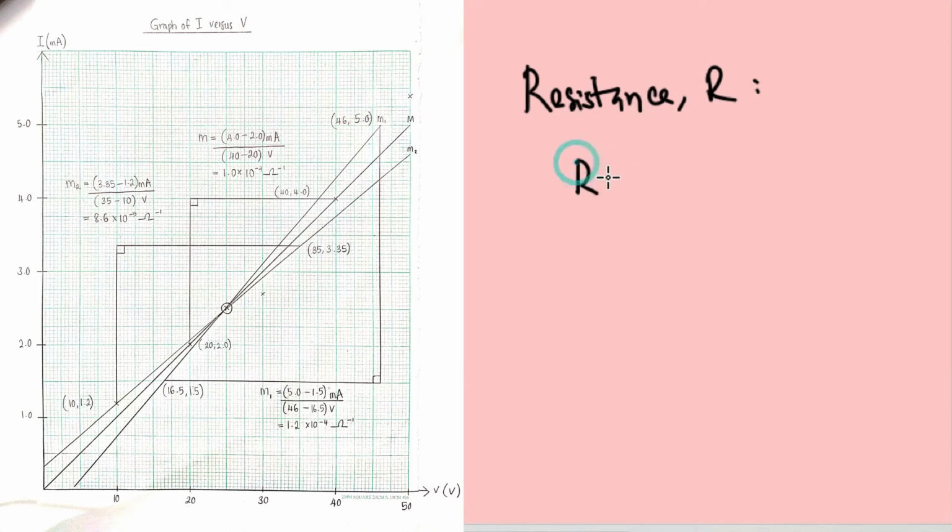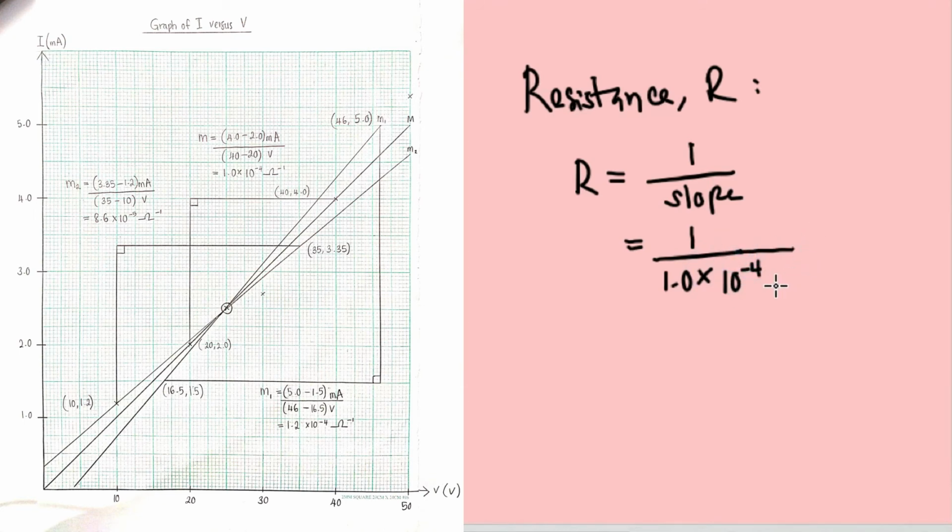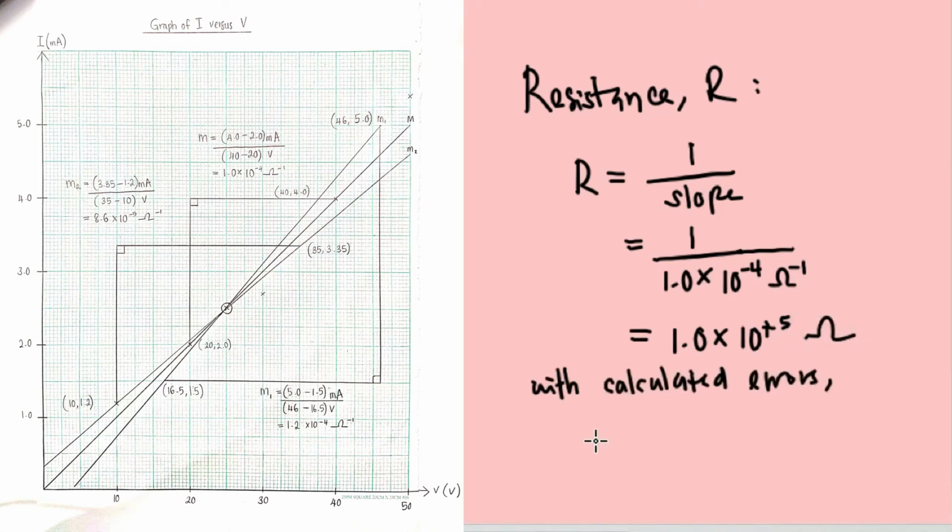So the resistance R is 1 over 1.0 times 10 to the power of negative 4, and we get R as 1 times 10 to the power of 5 ohm. With the calculated error, we can conclude that R is 1 times 10 to the power of 5 ohm, with a plus minus of 1.7 times 10 to the power of negative 5 ohm.